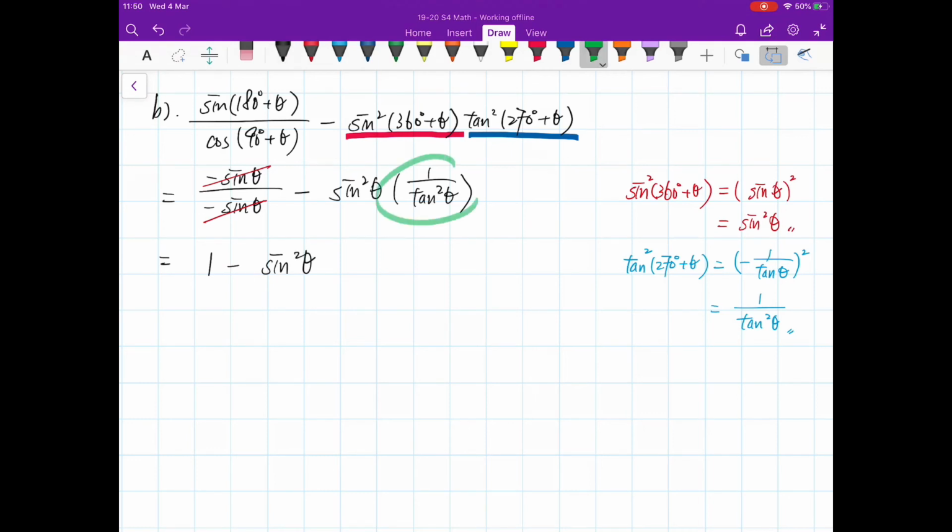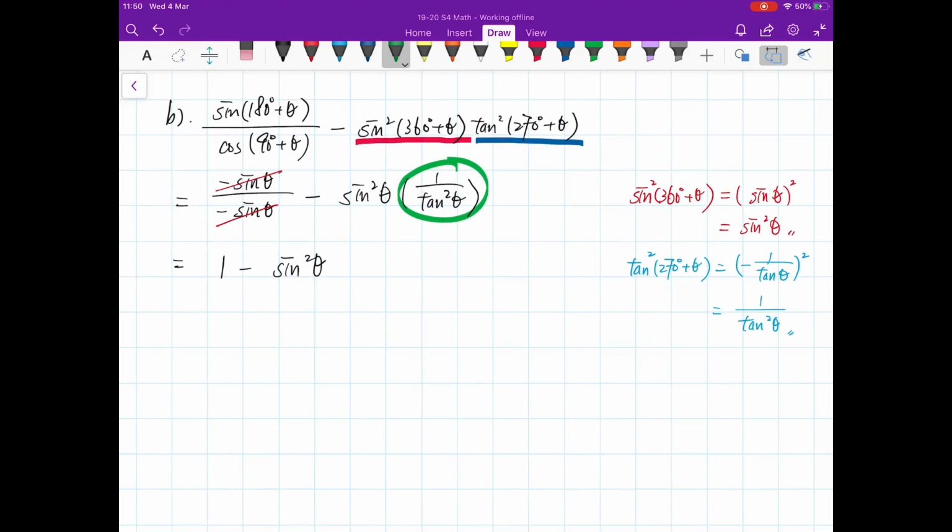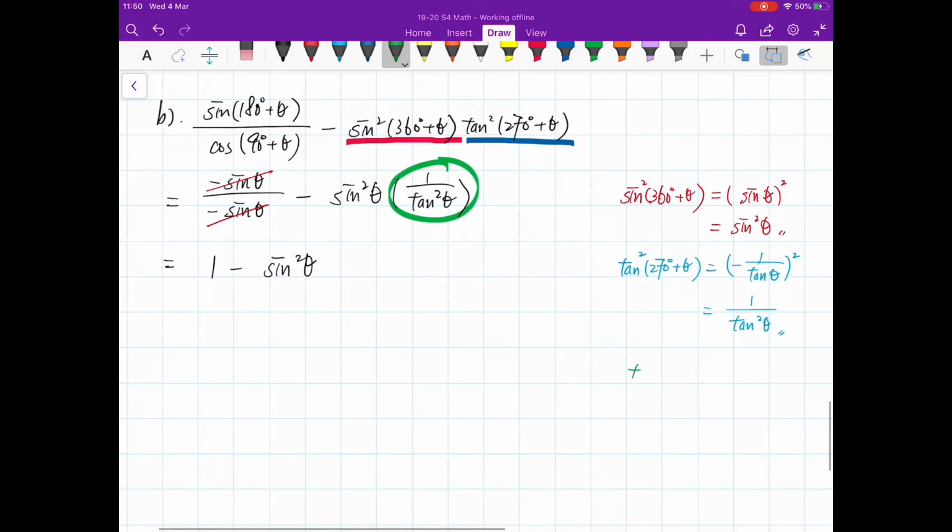Then I will use the identity again. How can we simplify this 1 over tangent square theta? Please refer to the right hand side with the green color. We know that tangent theta equals sine theta over cosine theta.